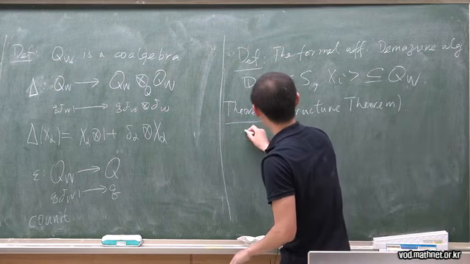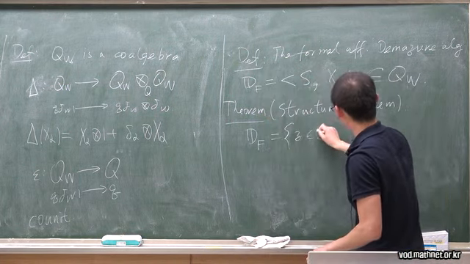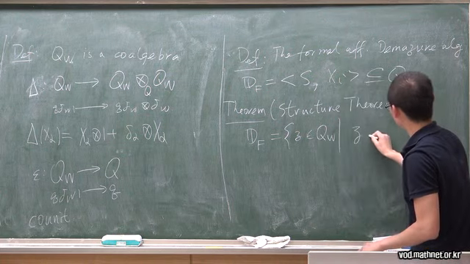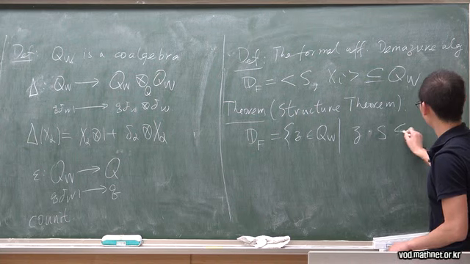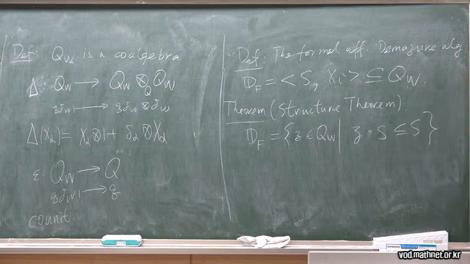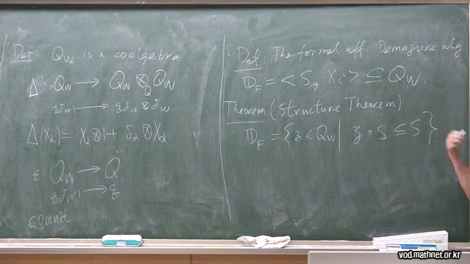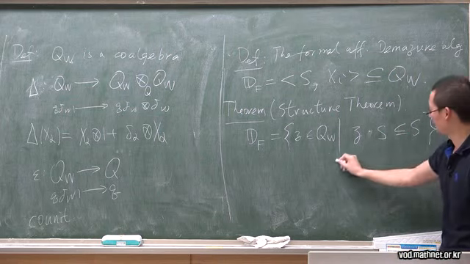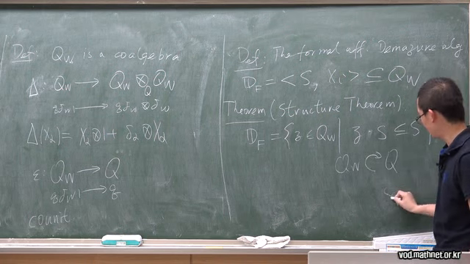That is, the formal affine dimensional algebra is precisely the set of elements that preserves S. Okay? We know QW acts on Q. Now you have S here.